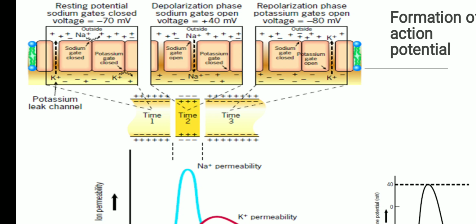If we collect all the things together, collectively all the changes in the membrane, the depolarization and repolarization, are called the action potential of the membrane.